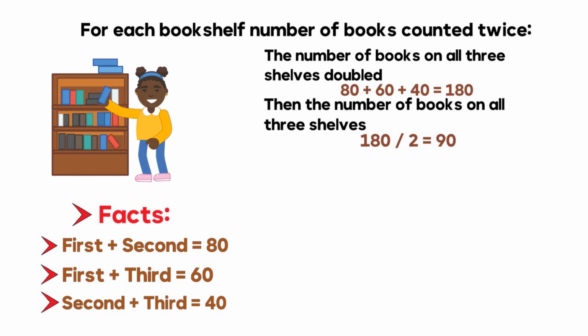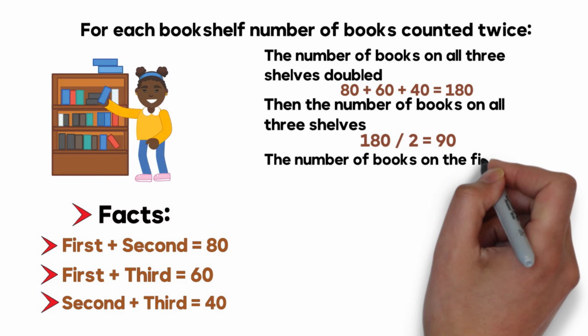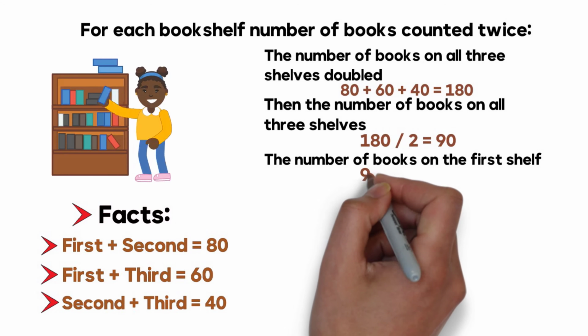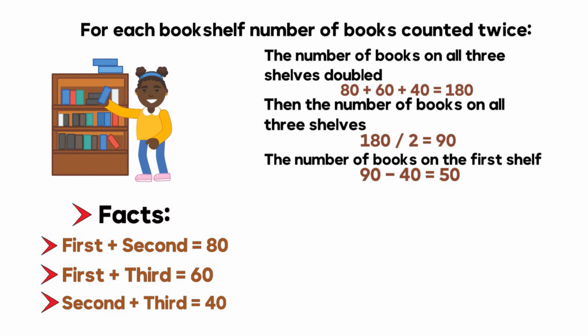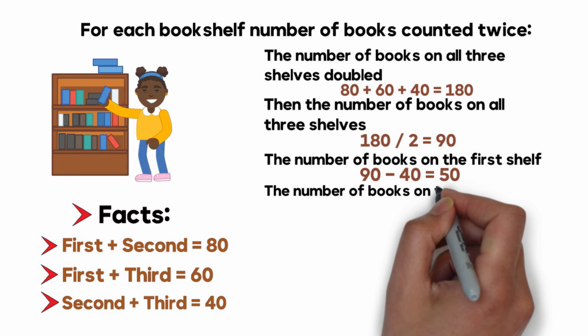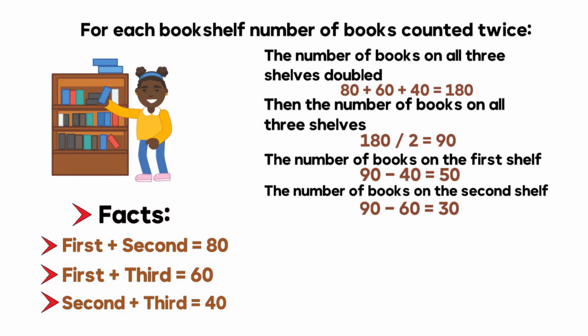And now we can calculate the number of books on each and every shelf. Having this information handy and looking at the facts, we can calculate the number of books on each individual shelf. For example, the number of books on the first shelf can be calculated by subtracting 40 from 90, and the result will be 50. The number of books on the second shelf can be calculated by subtracting 60 from 90, and the result will be 30.